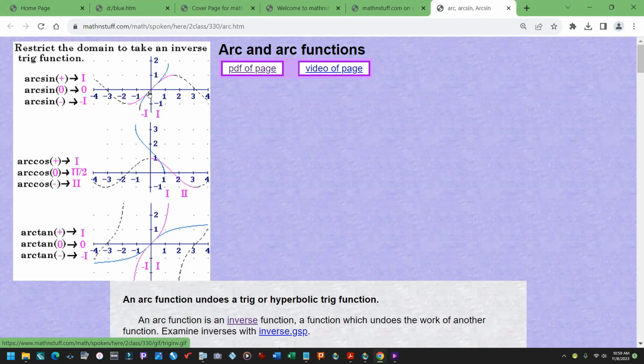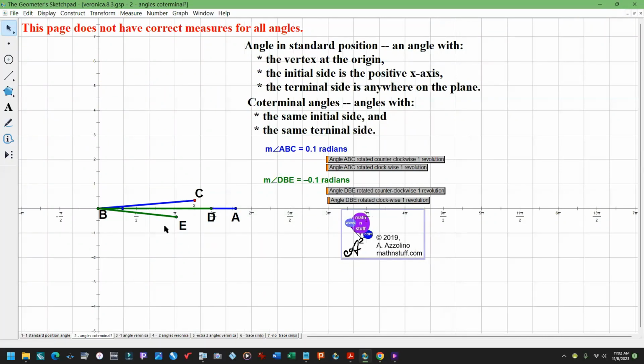down here. Now, nobody calls it the negative first quadrant except me, that I know of anyway. And I call it that because when I swing the angle in a negative direction, if I had swung it in the positive direction, then this is the first quadrant, this is the second quadrant, this is the third quadrant, this is the fourth quadrant.